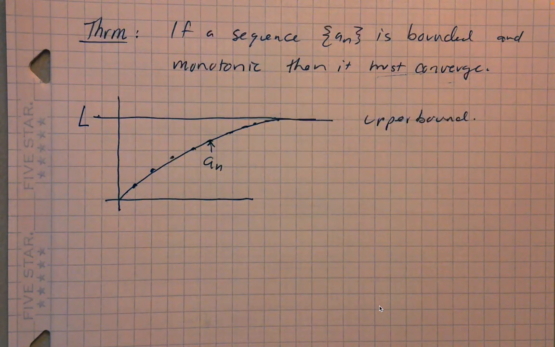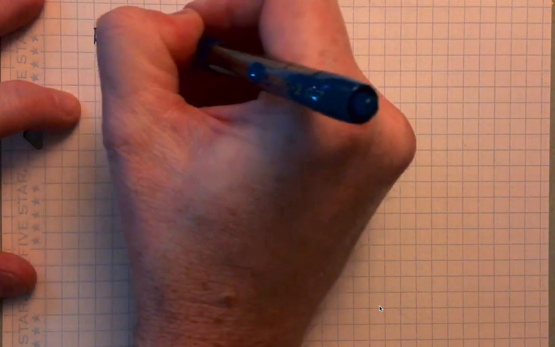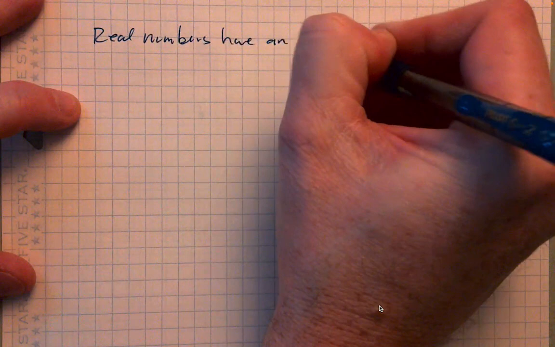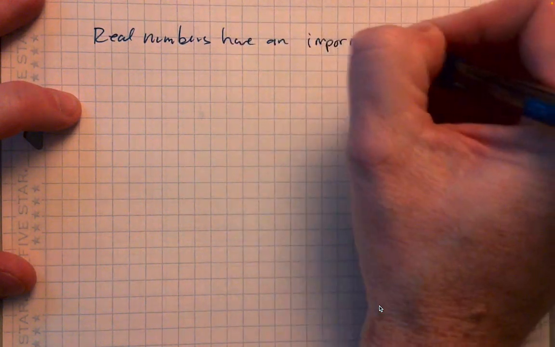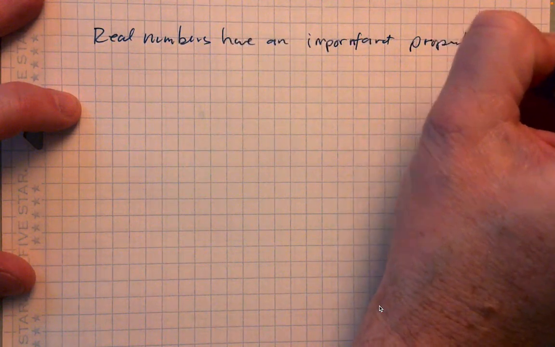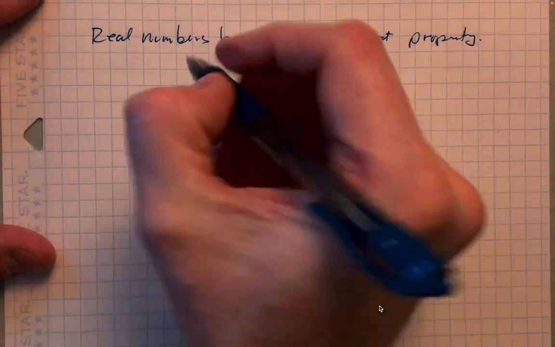Okay, so let's talk about this least upper bound idea. This is something that is a big opening concept in real analysis. So real numbers have an important property, and that property is usually termed completeness.